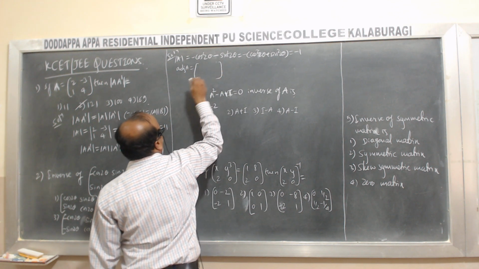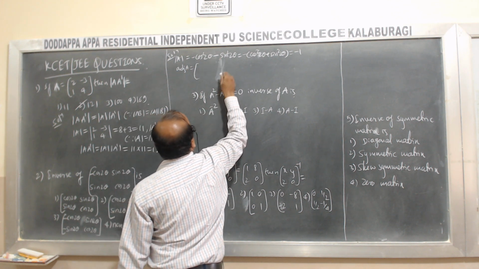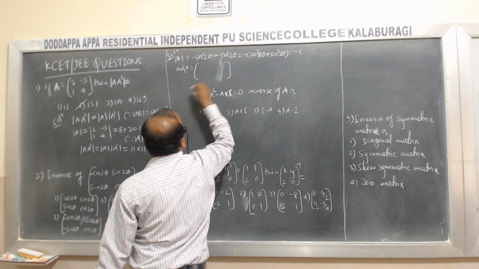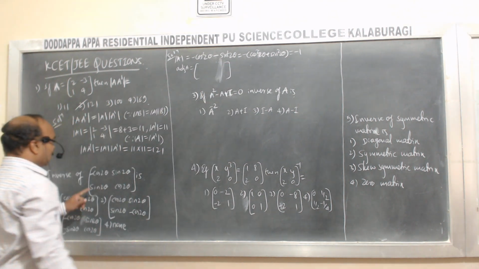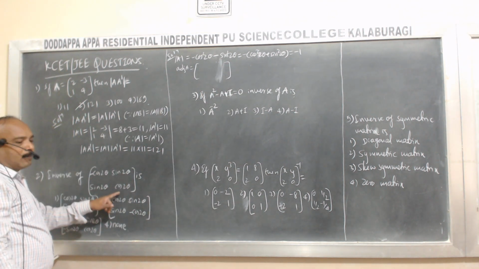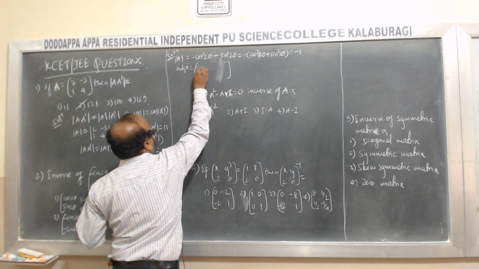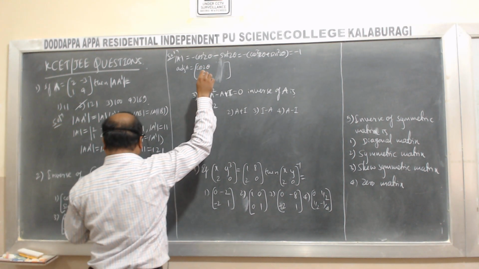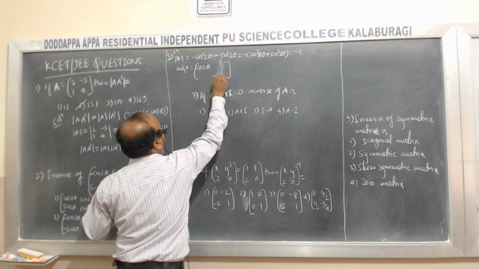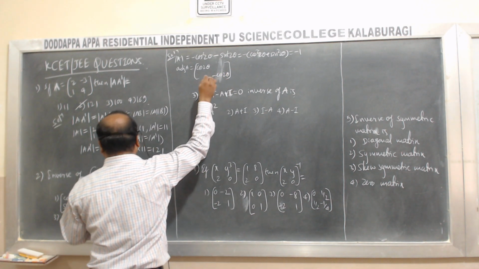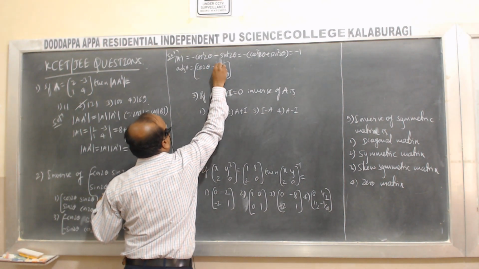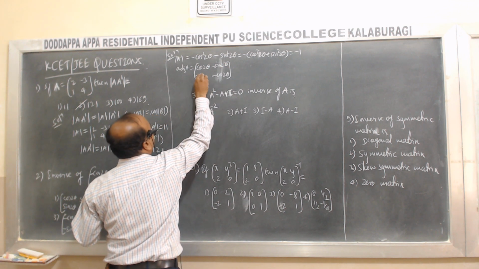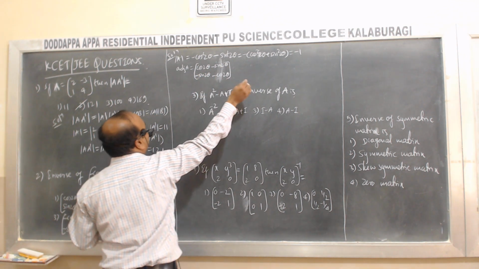Adjoint of A is: interchange the diagonal elements and change the sign of the non-diagonal elements. Now we change the diagonal elements, we get here cos 2θ, here minus cos 2θ, and minus sin 2θ, minus sin 2θ.